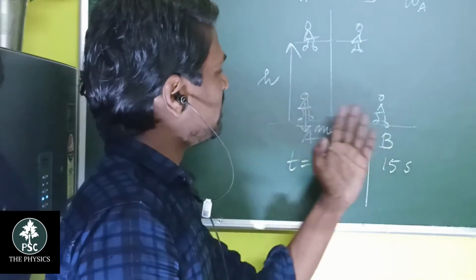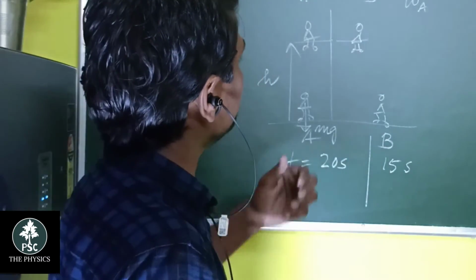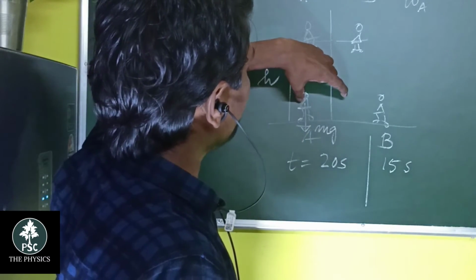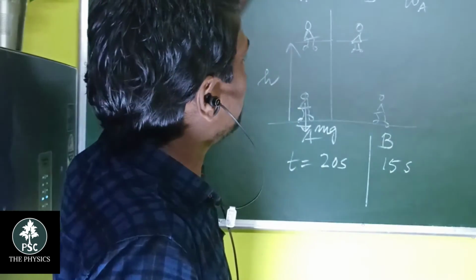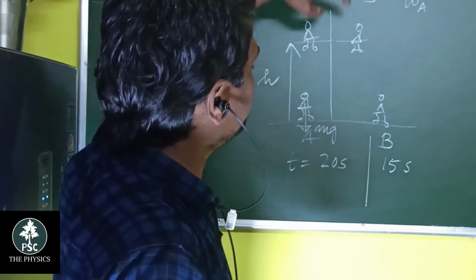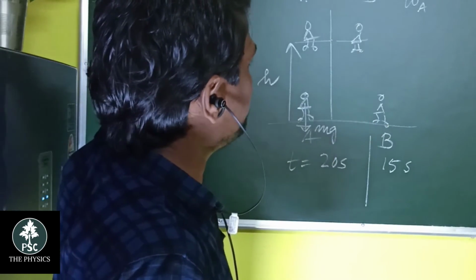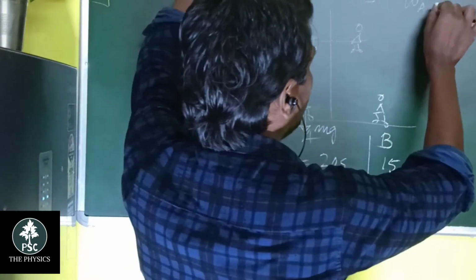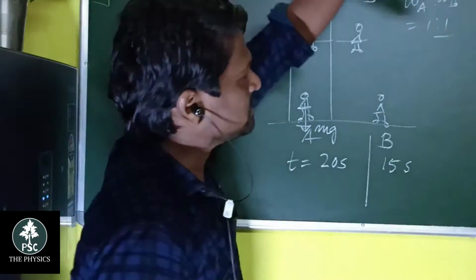But if the work done is the same, we can write, since it is given that the work done is the same, they do it in 20 seconds and 15 seconds. So mgh, this is also mgh, and you can take the ratio of these, which equals 1.